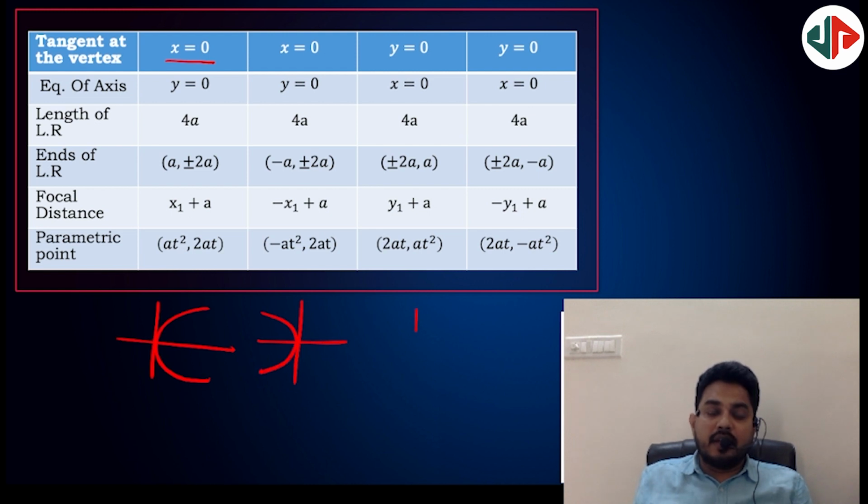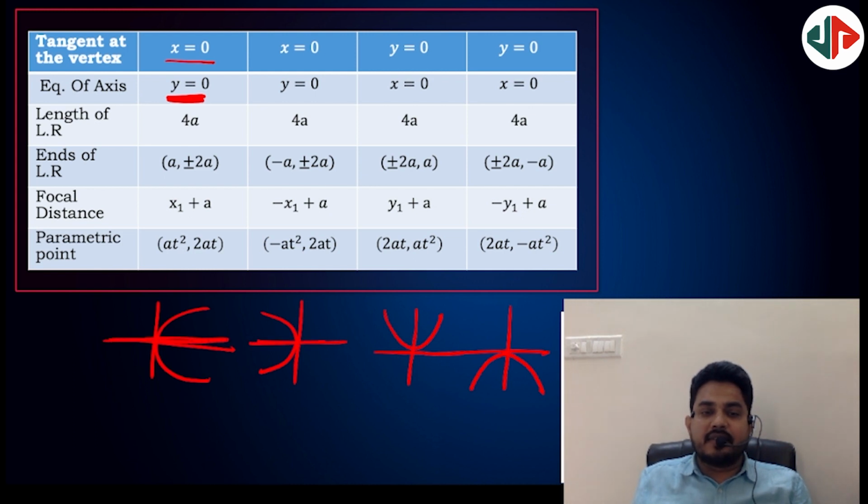For this one, the tangent at the vertex is the x-axis. This is the tangent at the vertex. Equation of the axis: this is the axis and this is the axis.